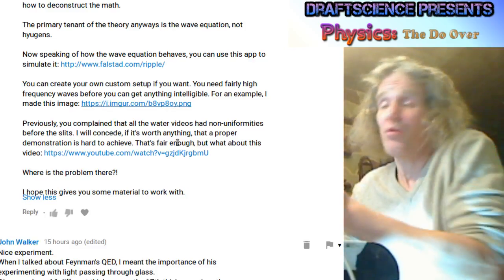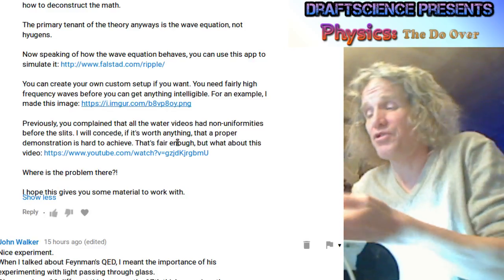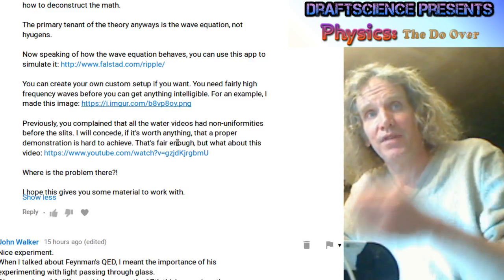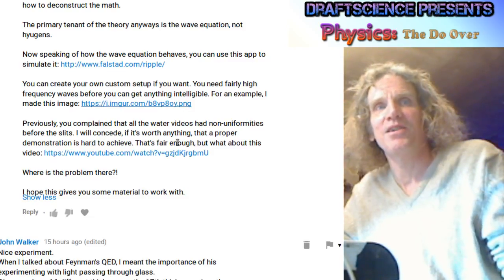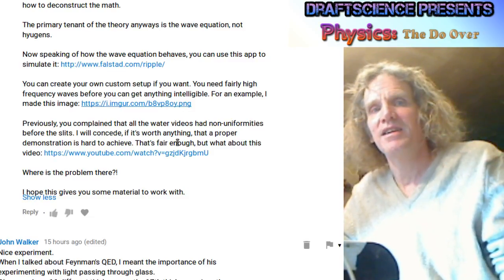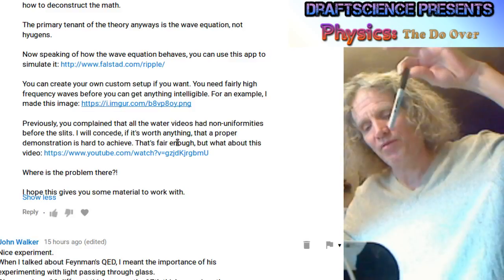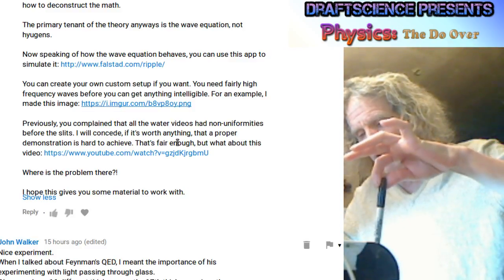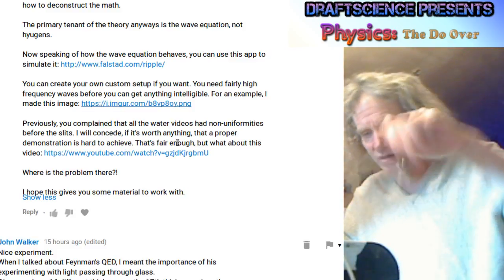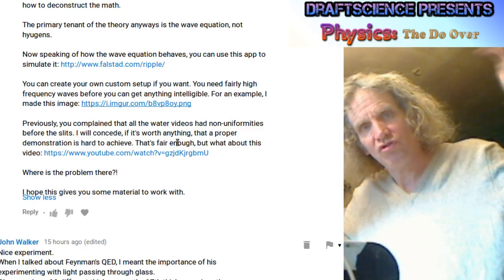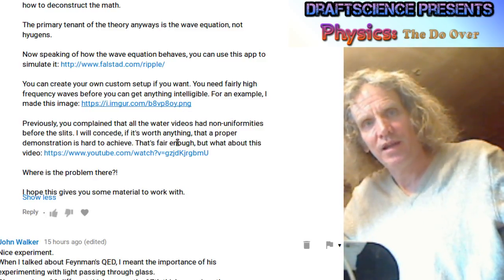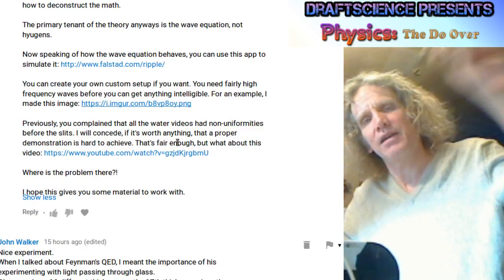Again, a proper what? A proper jigging and rigging of the experiment. Instead of just doing it honestly and saying, what happens when I drop a drop of water into a puddle? Oh yeah, there is no interference. The water just spirals out. No interference whatsoever. And if I do it with 2 drops of water, I get interference.